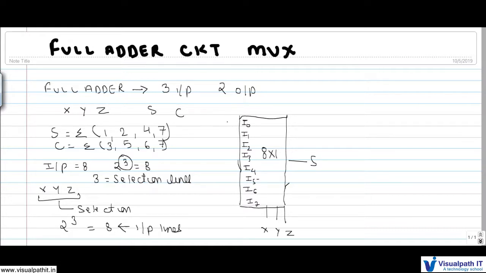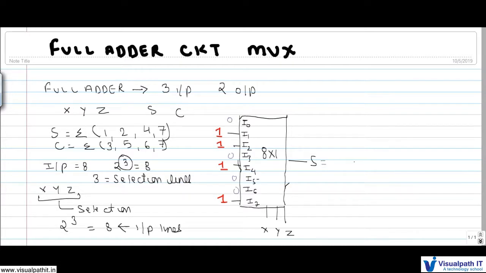This is how I can implement a full adder circuit. Now what I need is: the sum is high for 1, 2, 4, 7, and the rest of the values are 0.